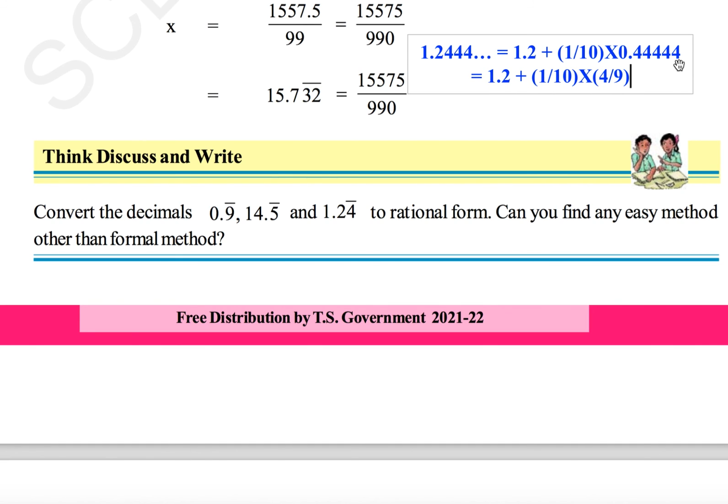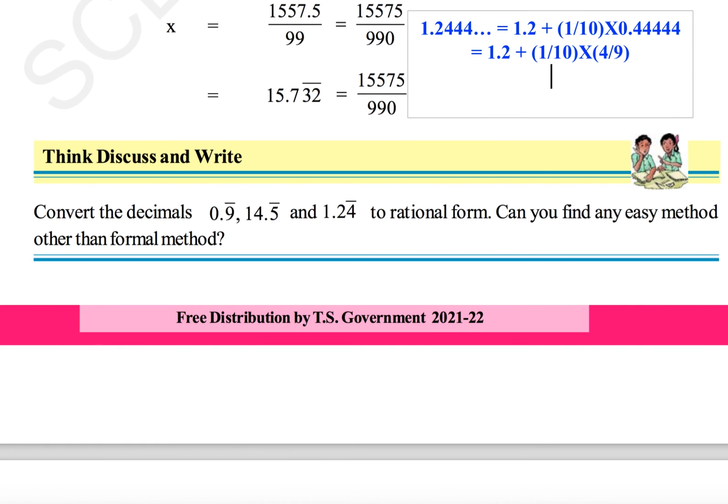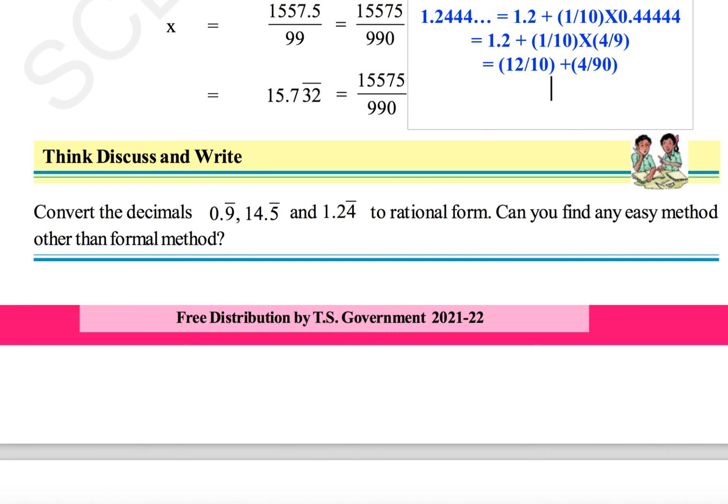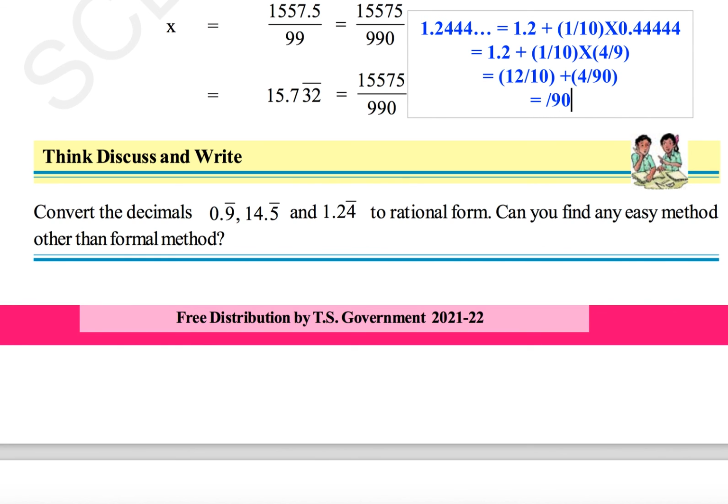So this is equal to 12 by 10 plus 4 by 90. Now with 90 as the denominator, numerator 12 nines are 108, 108 plus 4 equals 112 divided by 90. This is the answer.